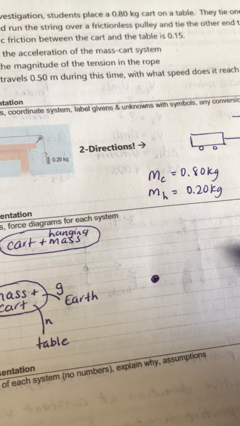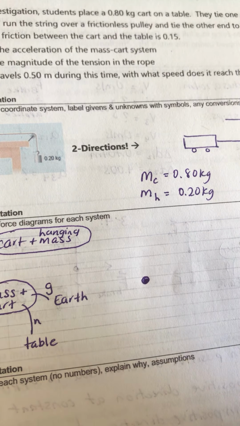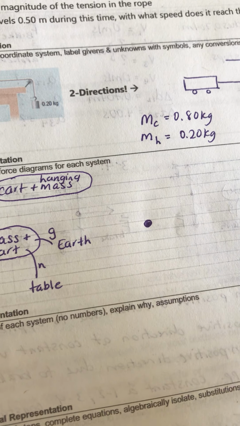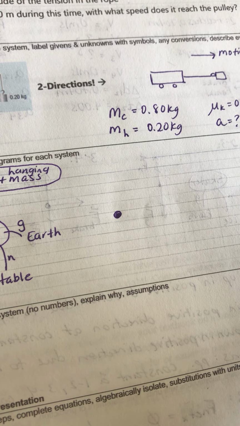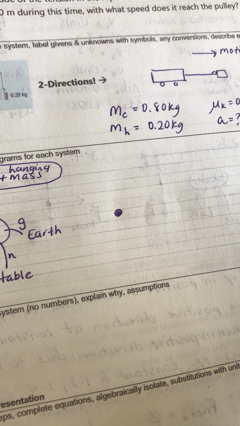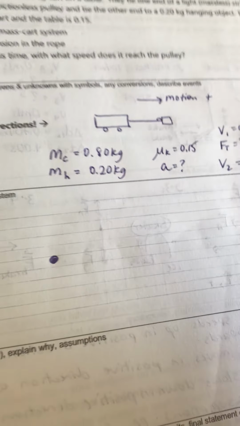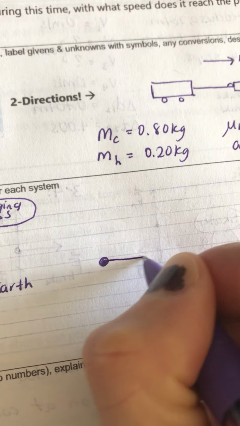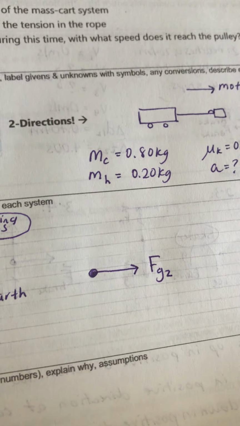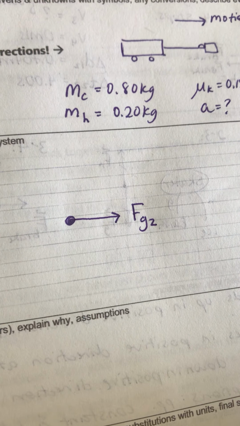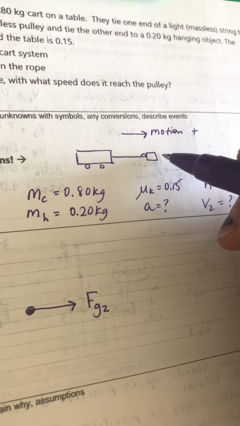So from this, we're going to draw our force diagram. And the tricky thing here is to figure out which forces are acting on the system in the direction that we care about. Okay, so we have our gravitational force going to the right. Now that looks weird because we have our mass here, right?